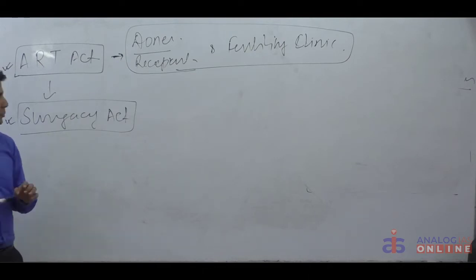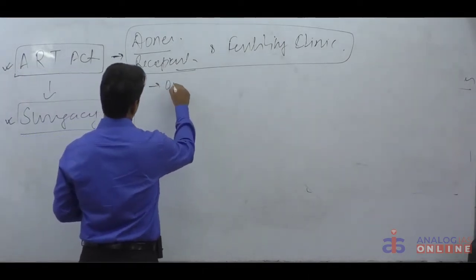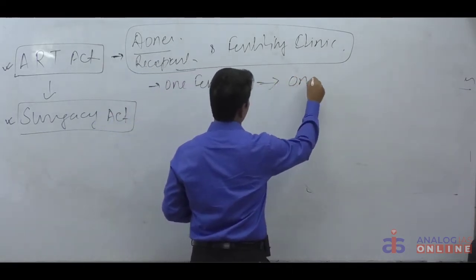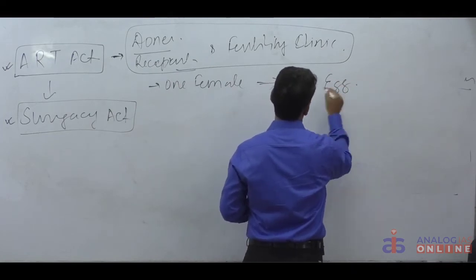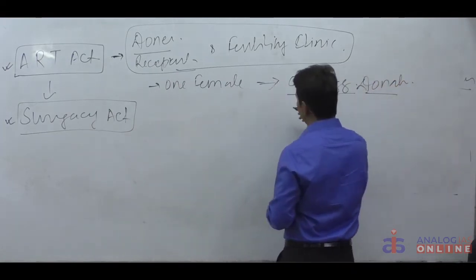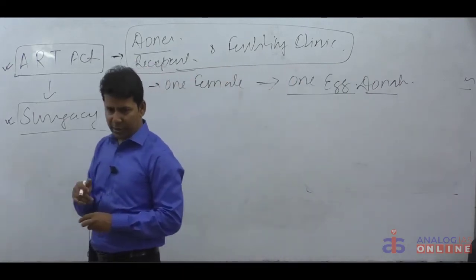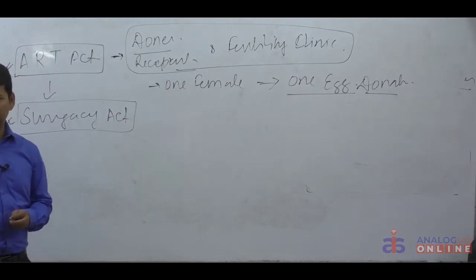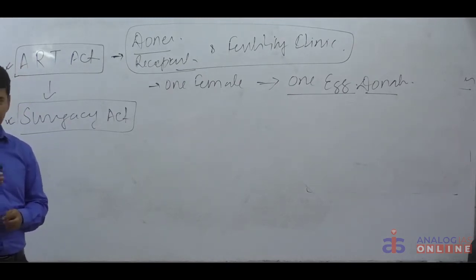So one female, one egg. One egg doesn't mean that only one egg. She can give many eggs, but then only one will be used. है ना? एक ही बार use होगा वो किसी भी procedure में.